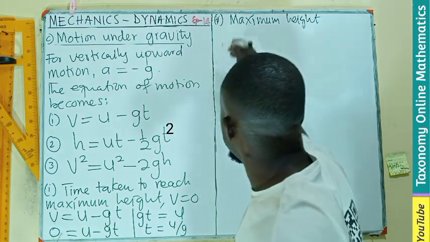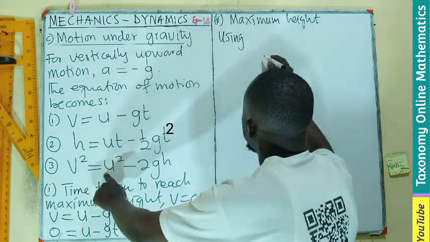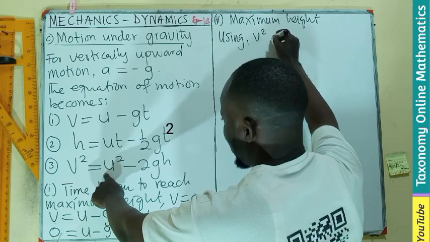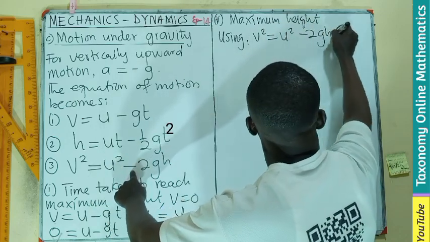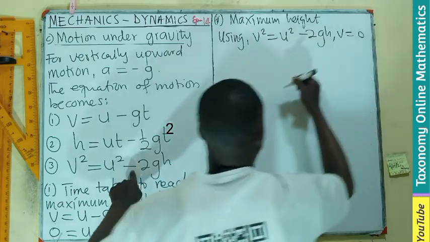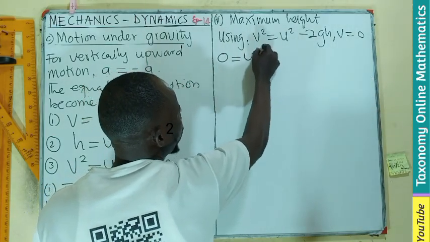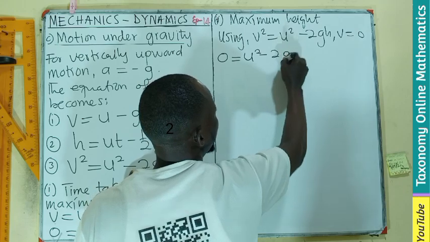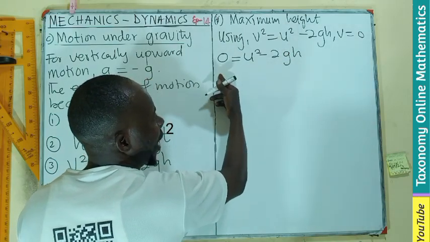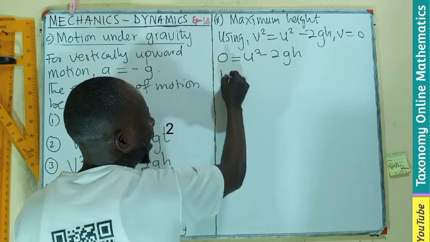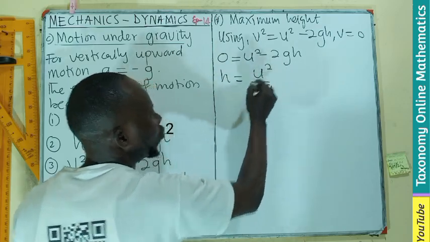So I can say that using, let me go for the first one, v squared equals u squared minus 2gh, where v is 0. I can say that I have 0 equals u squared minus 2gh. This is coming here. So I am looking for height. So height will become u squared divided by 2g.